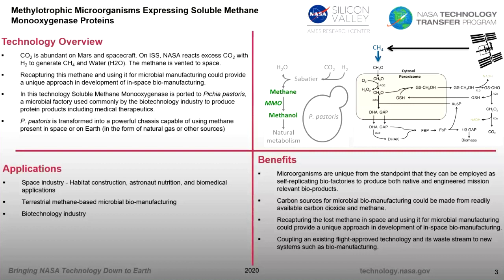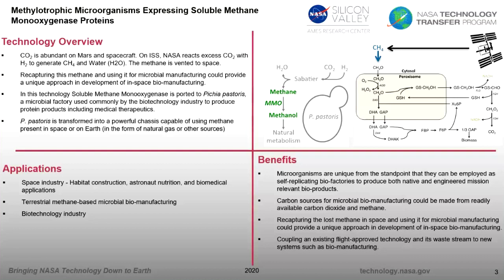And our motivation was to find a way to utilize that methane as a carbon source for an in-space biomanufacturing process. And while there are multiple natural methanotrophs which can use methane natively as a carbon source, these bacterial species are not generally used in the biotechnology industry. They do not have robust genetic tools and thus have significant limitations.